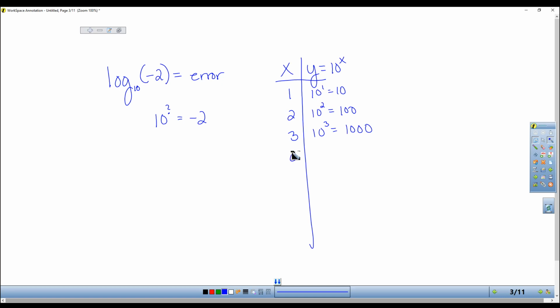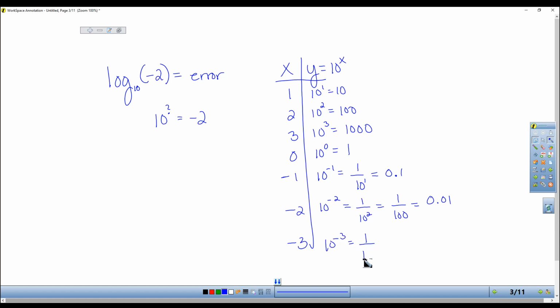So let's go the opposite way. 10 to the 0 is 1. Negative 1. 10 to the negative 1 is 1 over 10 to the 1. Remember, a negative exponent in the numerator is the same as a positive exponent in the bottom, which is 0.1. 10 to the negative 2 is 1 over 10 squared, which is 1 over 100, which is 1/100th, a penny. 10 to the negative 3.